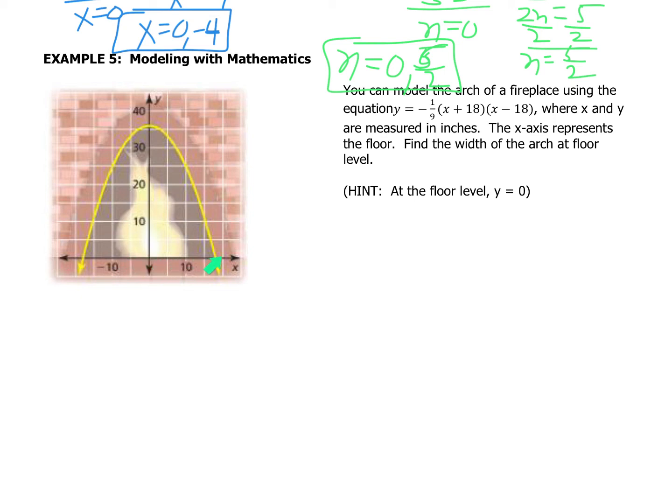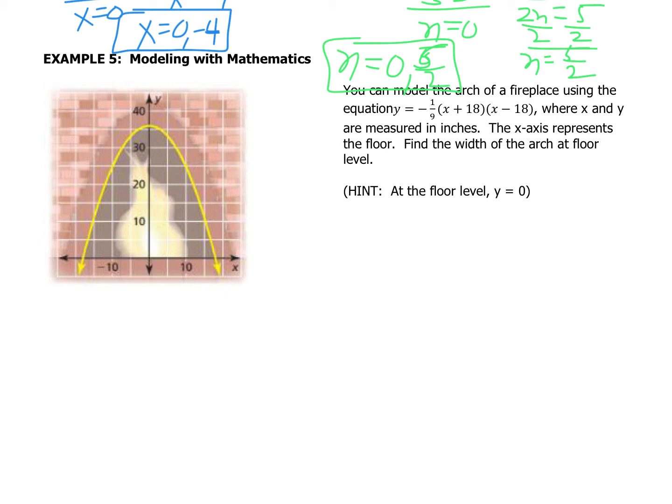So we want to look at the width here at the largest part. We're looking for the width at the floor level. So the hint here is that at the floor level, if you think about it, we're at y equals 0.